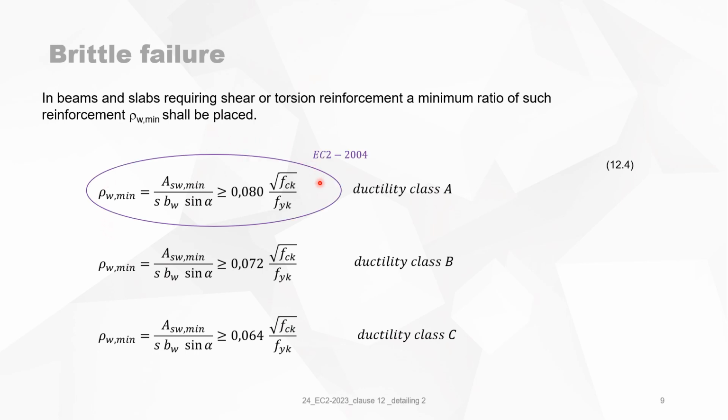You will notice that this is the formula that was applicable in the version of 2004, independent of the ductility class. Now you see that for other ductility classes, you can have less minimum shear reinforcement.